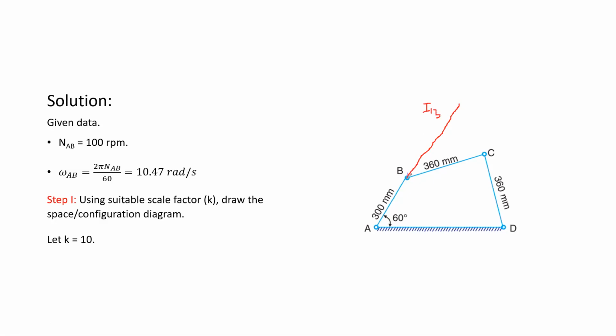Correct, because you were knowing the velocity of point B. Velocity of point B was here. Similarly, the velocity of point C is here, and you have extended this line. You have drawn a line perpendicular to the direction of VC in search of I13. So where will these two lines meet?